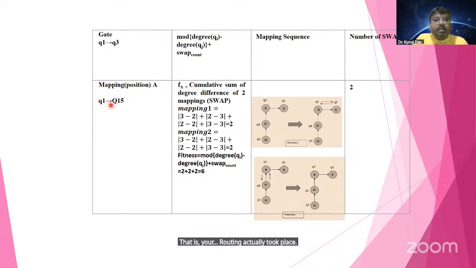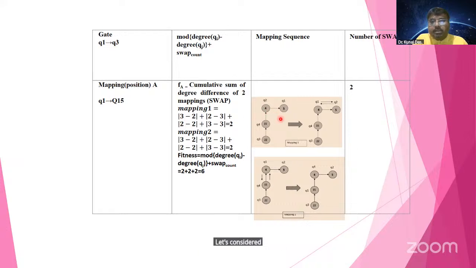Q1 is mapped to Q15. If Q1 is mapped to Q15, then what happened? Then f is the cumulative sum of degree difference of two mappings and swaps is considered.